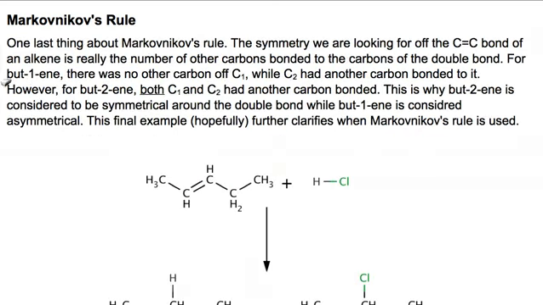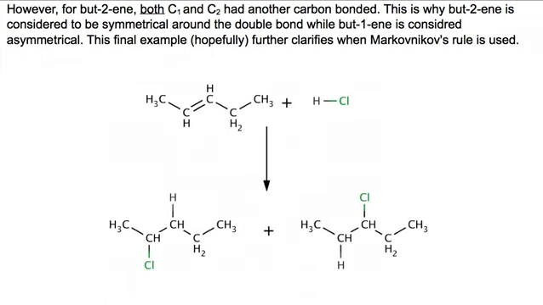So, one last thing about Markovnikov's rule. The symmetry we're looking at is really the symmetry off the carbon-carbon double bond, and that's what I explained at the beginning. It's the number of carbons bonded to the carbons of the double bond. So this final example hopefully clarifies a little bit about what happens with Markovnikov's rule.